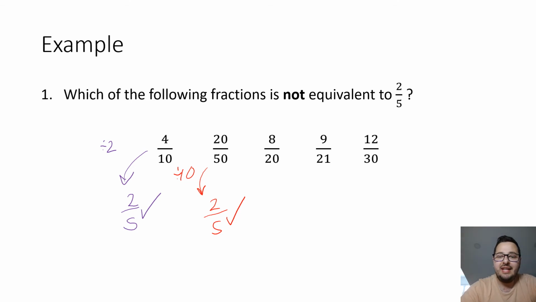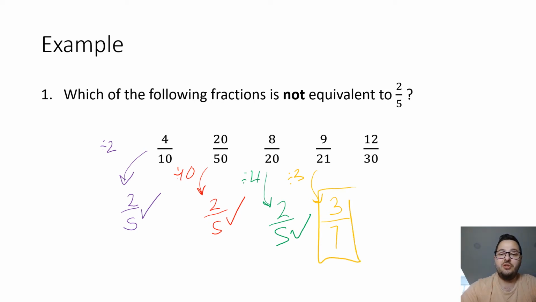The next one then, 8 over 20, is in the 4 times table. 8 divided by 4 is 2 and 20 divided by 4 is 5, so that's good. 9 over 21 is in the 3 times table. 9 divided by 3 is 3 and 21 divided by 3 is 7. So that looks to be the answer we're looking for, but let's finish off by double checking the next one.